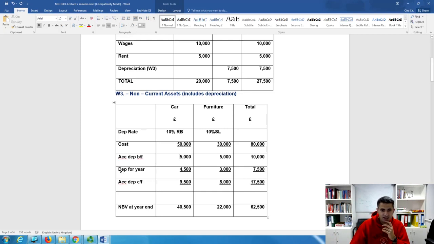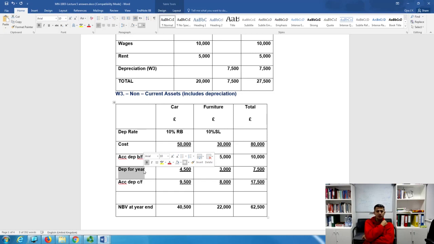Now it comes to the calculation, the workings here. How can you calculate depreciation on the car using the reducing balance method?